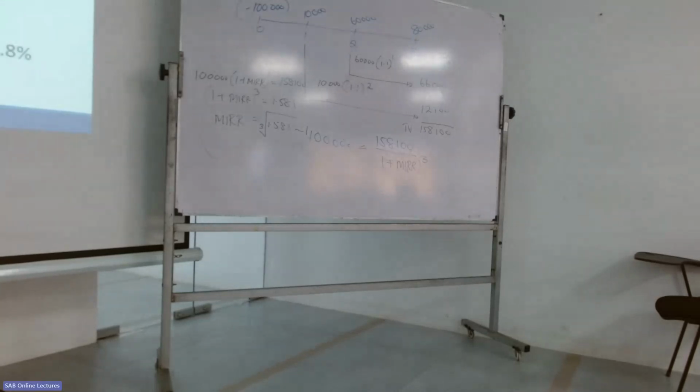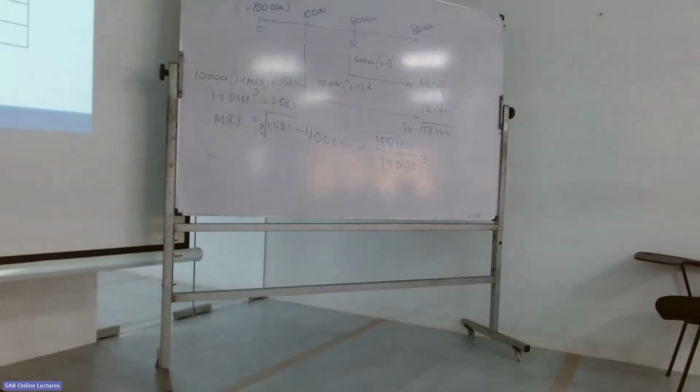No time to calculate, sorry for that. You can calculate the MIRR for project A. This is the answer, 16.8, using the same method. So these are the numbers. Now look at this. According to the NPV, project B is the better one.